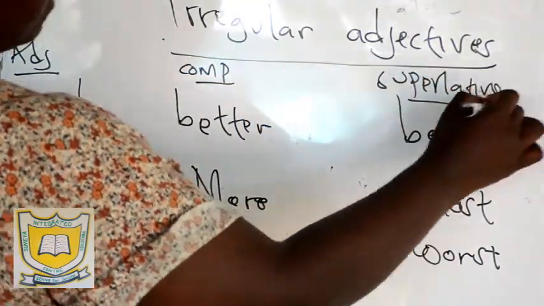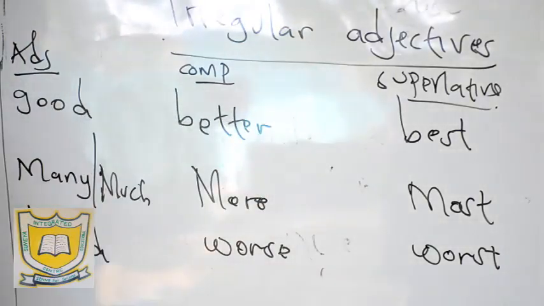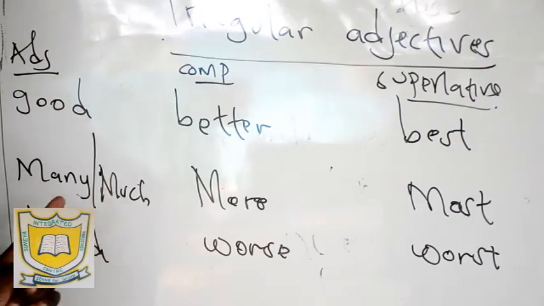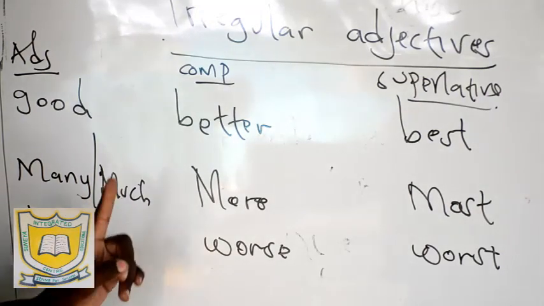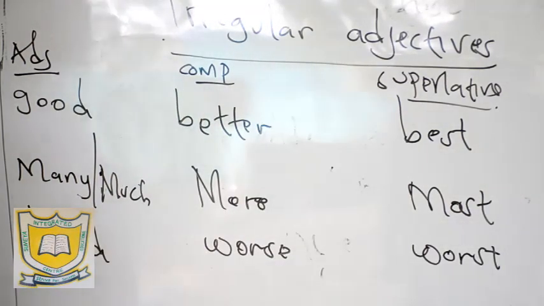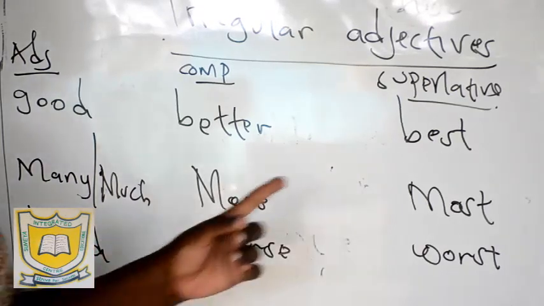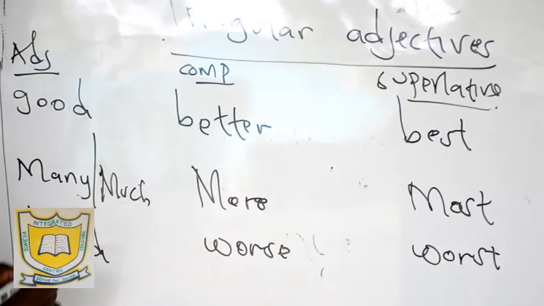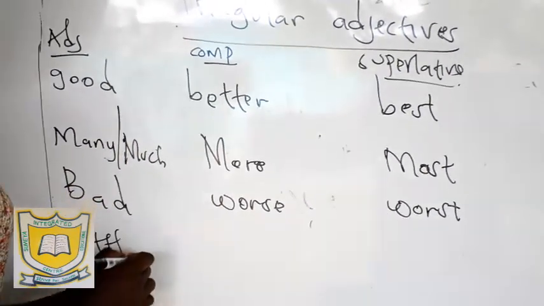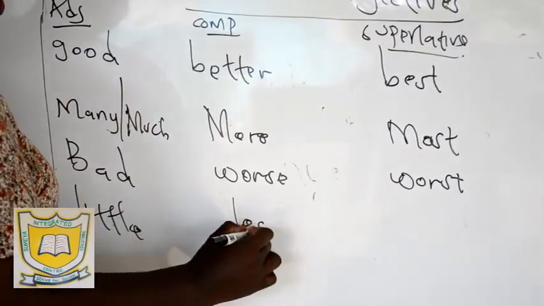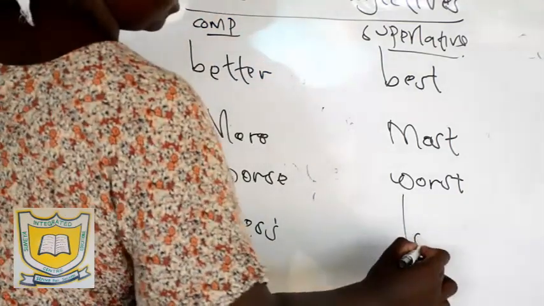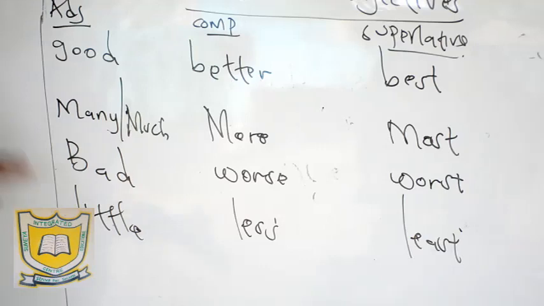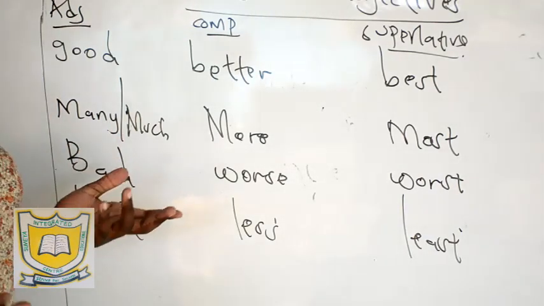So you have good, better, best, many for countable nouns, more and most. Or you can have much for uncountable nouns, and then have more and most. And then you can have bad, worse, and worst. You can have little, less, and then least. So these ones are what we call irregular adjectives.